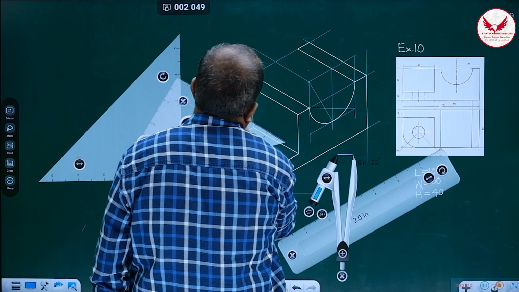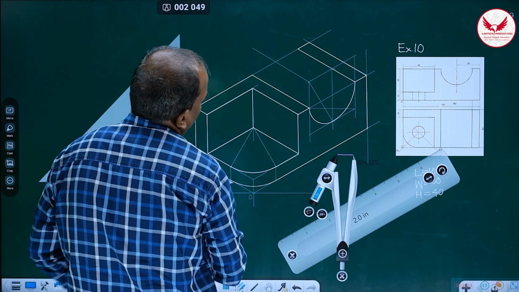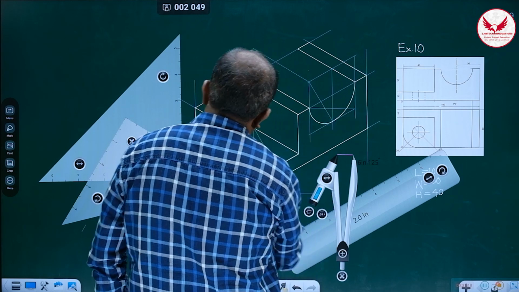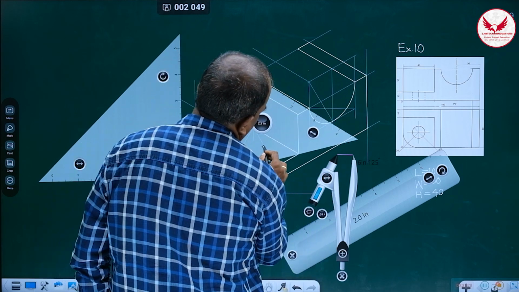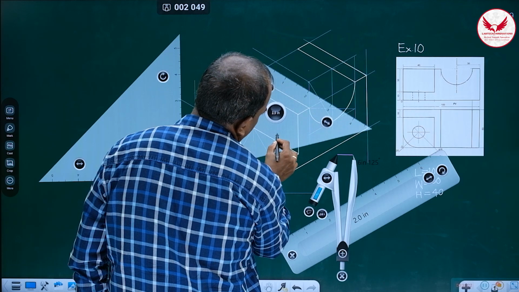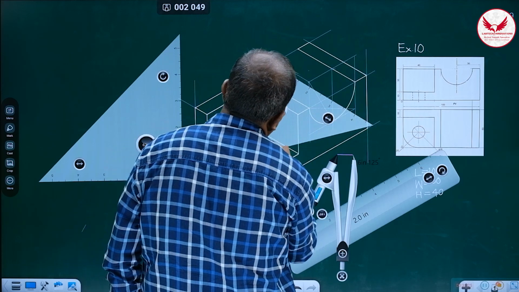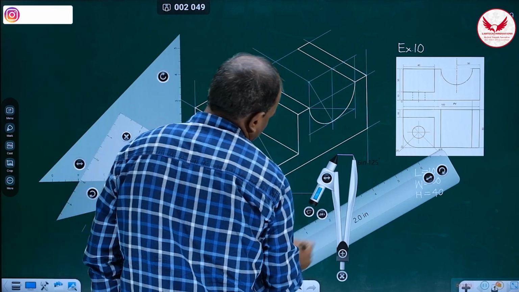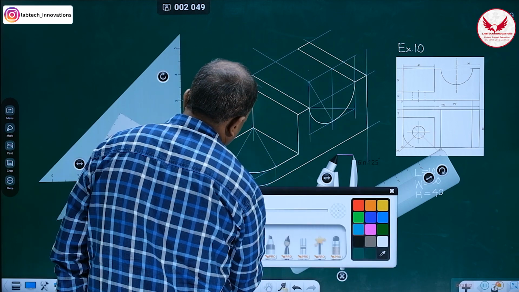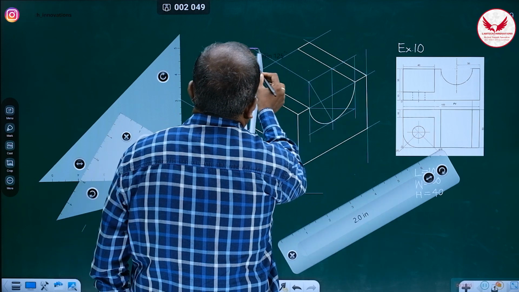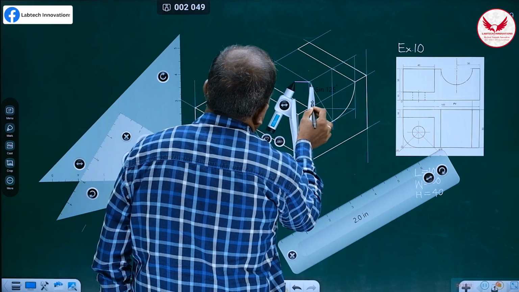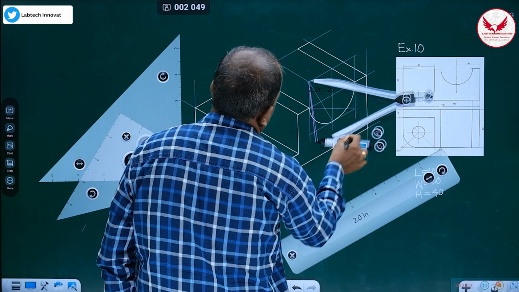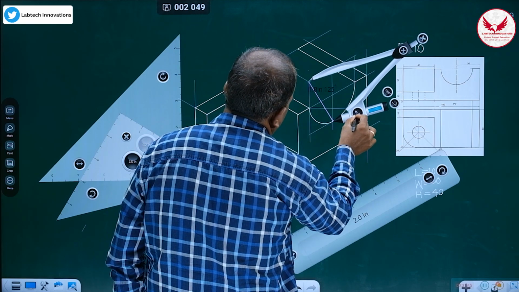Shift it by 50. And if we shift that center by 50, then see, this portion of the ellipse is going to be hidden. Only this portion with the larger radius is going to be visible in the back side. Means we have to shift with this center and a radius equal to this much.